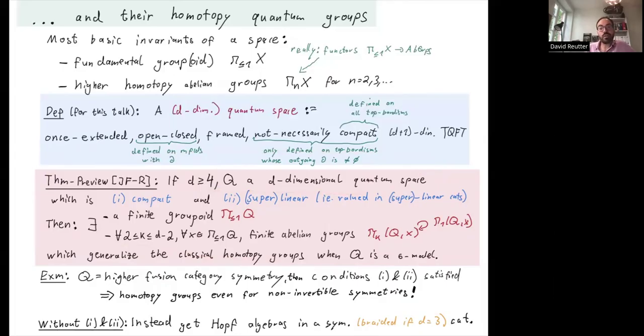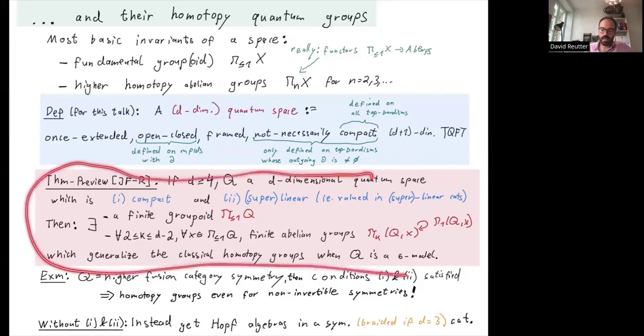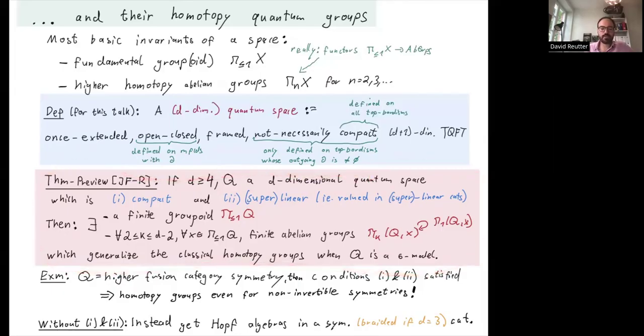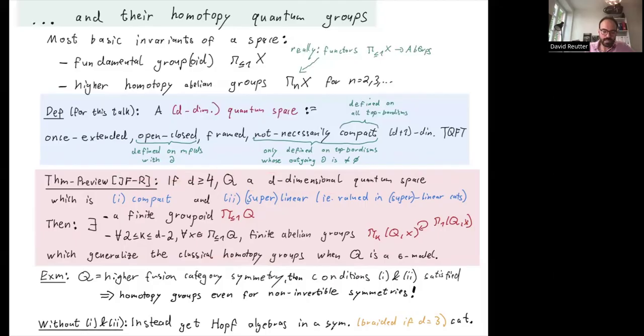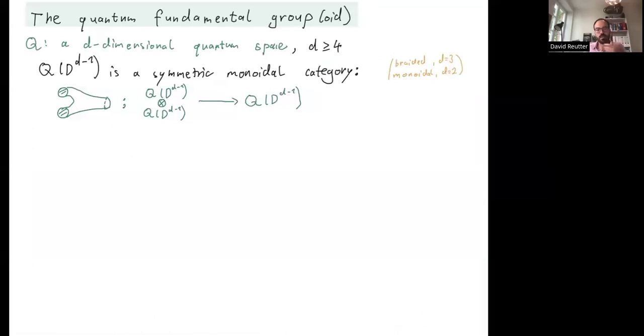All right. Then the goal of the talk is to outline very roughly how you get to this, how you define these groups and these abelian groups. So let's start with the fundamental groupoid, this finite groupoid pi_{≤1}(Q). So suppose I have one of these d-dimensional quantum spaces. I remind what this means.